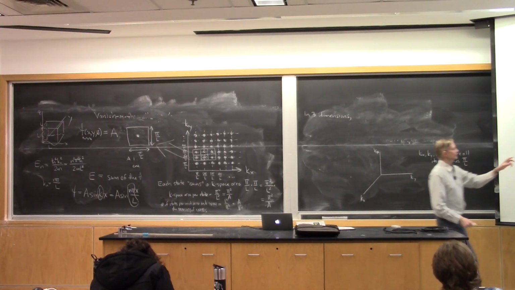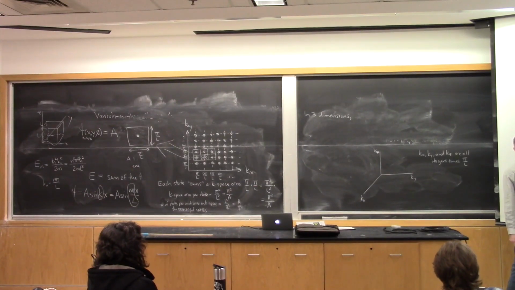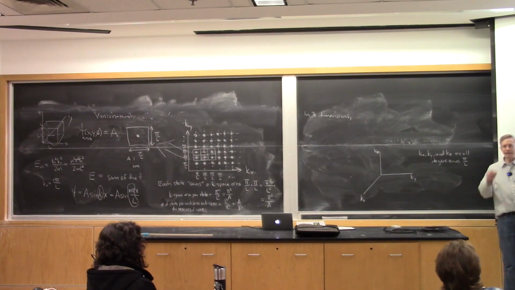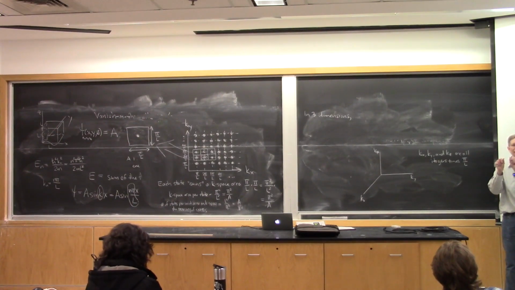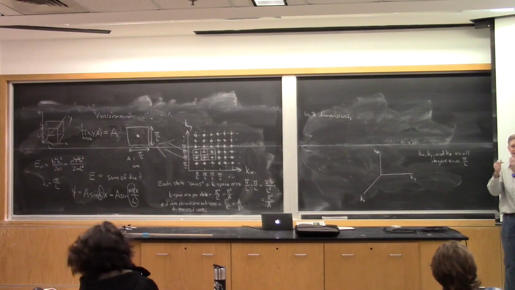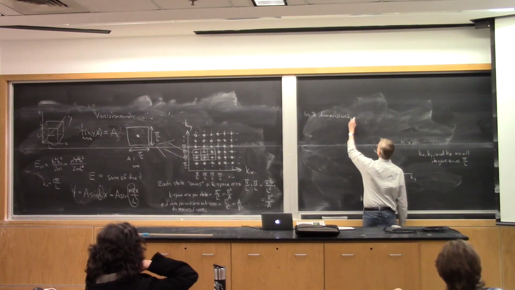So in other words, it'll be like these cubes here, except centered on red dots, and their side is 1. But in K-space, it's still pi over L in every direction, is how far apart the states are in all 3 directions.